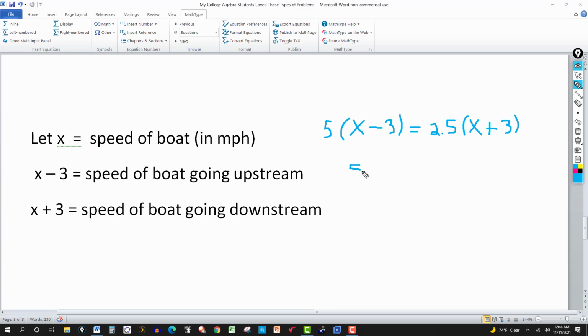It's going to be 5x here, multiplying through. 5 times minus 3 is a minus 15. Get that? The right side, multiply by 2.5. 2.5 times x is 2.5x. And then 2.5 times 3 is 7.5.